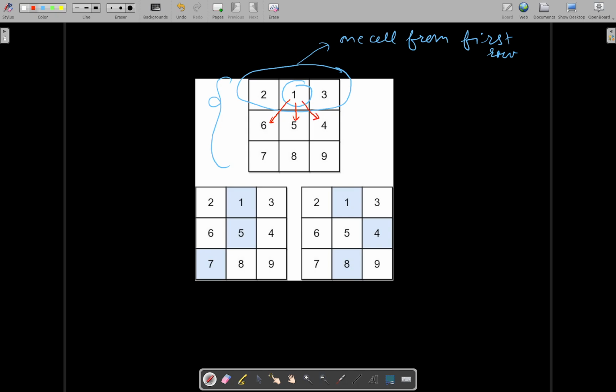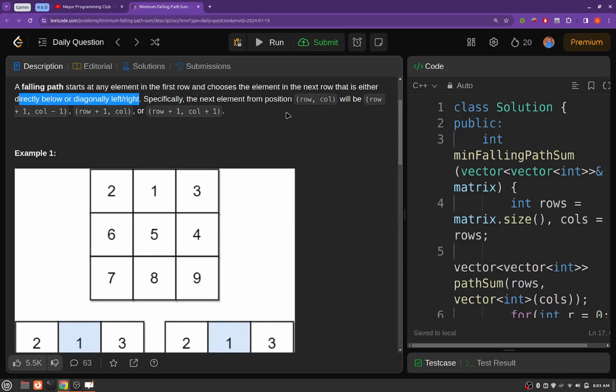So two diagonal options and one directly below. We always go in the downward direction, so all the rest of the options are eliminated. It's mentioned in the problem statement also that three options will be there.